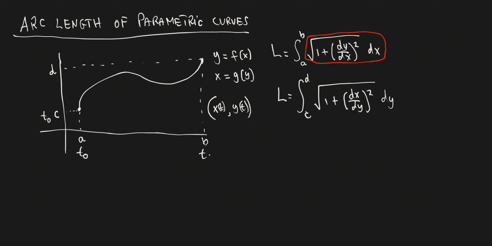And then similarly, we'll have another value of t that will give us b, and similarly that value of t will give us d. So the limits are converted over really easily.